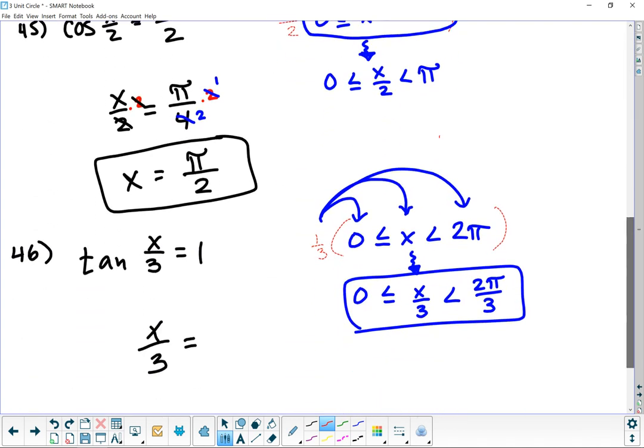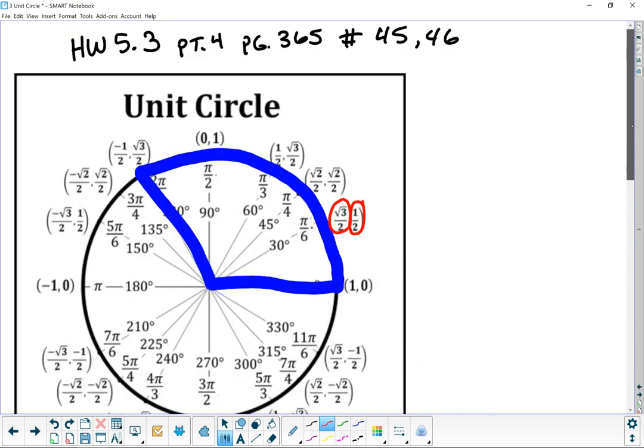That's what it says. It needs the tangent to be equal to 1. So when I look at this, if I use pi over 6, for example, 1/2 is the sine, and radical 3 over 2, I know this is not going to equal 1, so I don't have to deal with that.